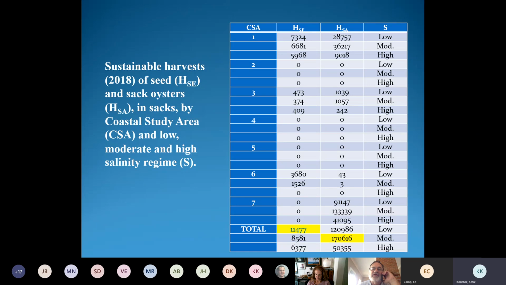So I've just highlighted the fact that for seed oysters, under the low salinity assumption, you have the greatest harvest of seed, and for sac oysters under the moderate salinity scenario, you have the greatest harvest. Next slide.